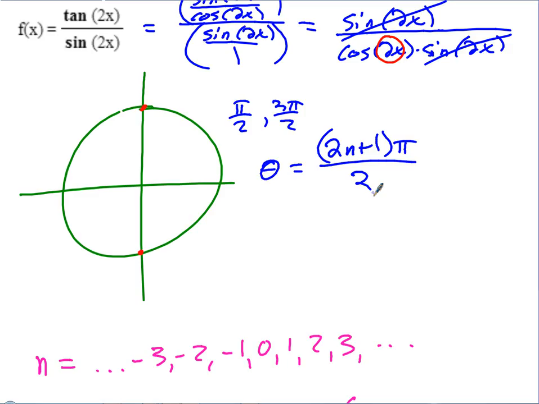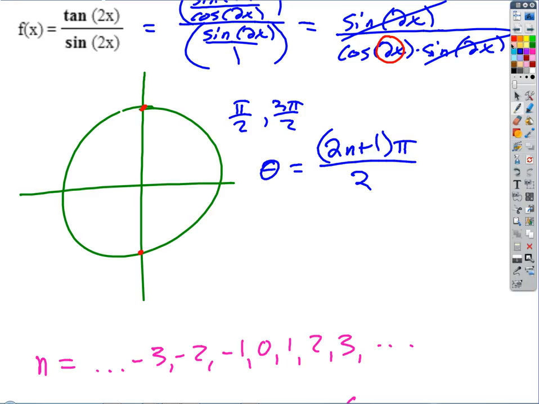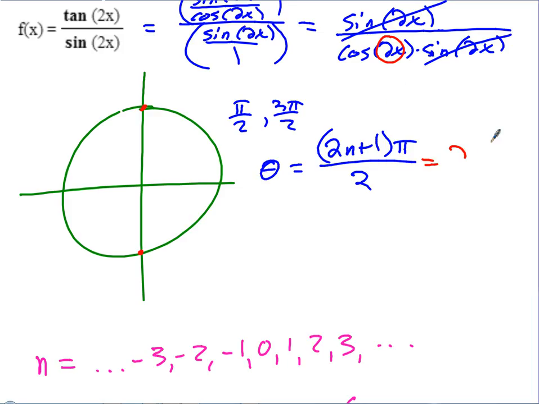Okay. So there's my angles, but now theta is not equal to x. Turns out theta is equal to 2x, right? I'm taking the cosine not of theta, I'm taking the cosine of 2x, and so what's the last thing I have to do to solve for x? Divide by 2, yeah.